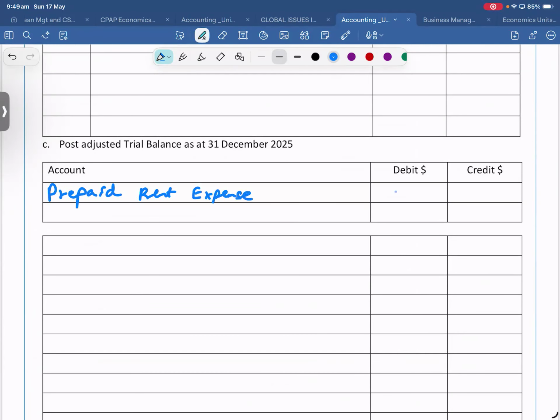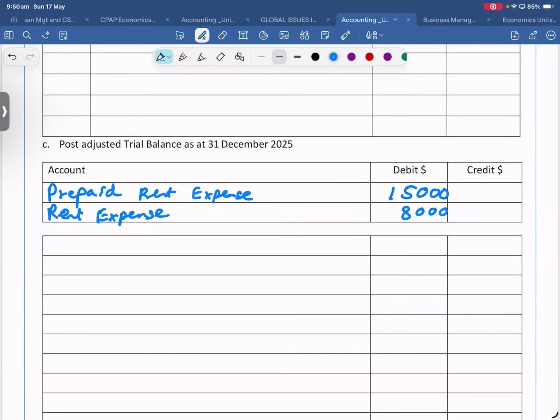Next one is rent expense, 8,000. If you want, you can at the same time go and report in the income statement and balance sheet, but let's do it later. When we finish the post adjusted, we'll do everything together. Okay. Right. Next one.